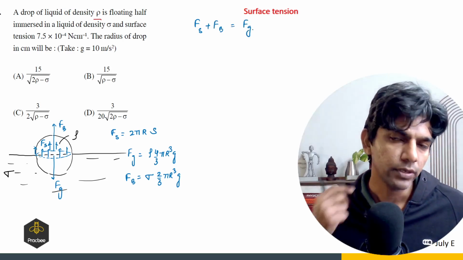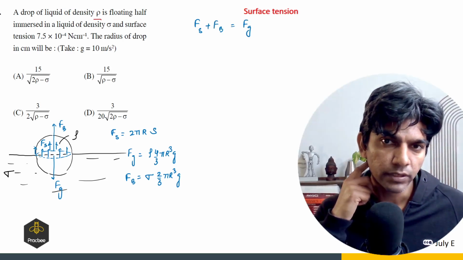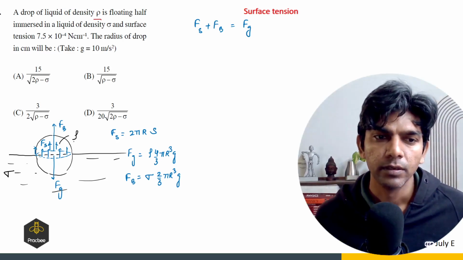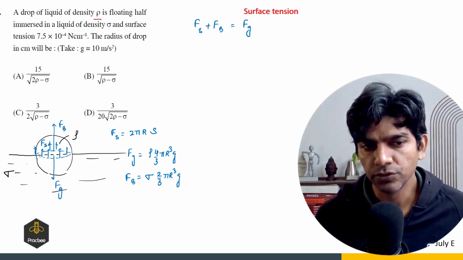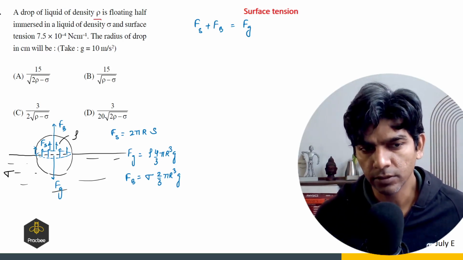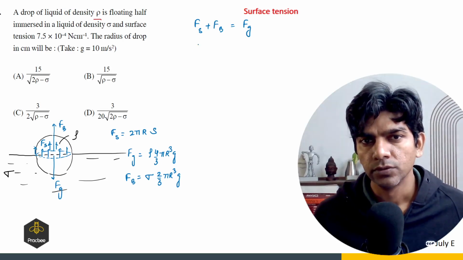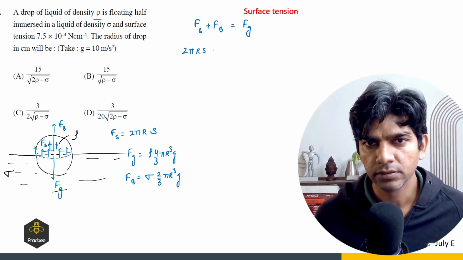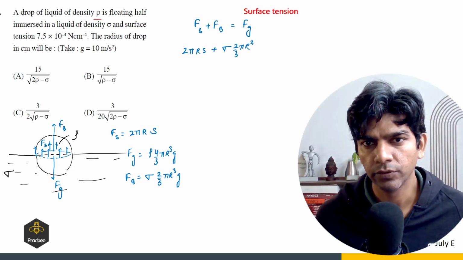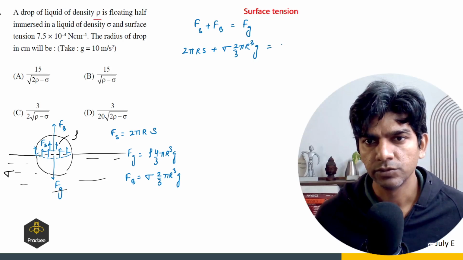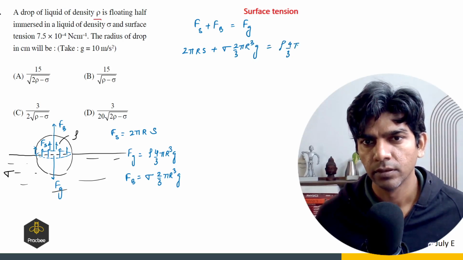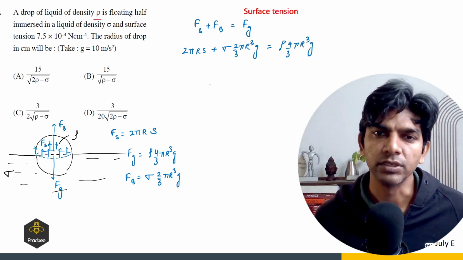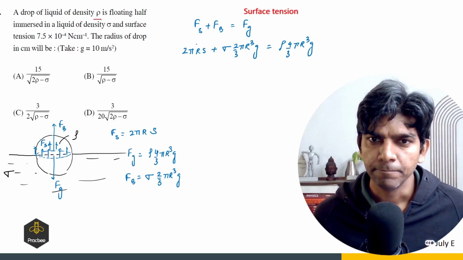So if surface tension is not given in the question, in such cases we can ignore the surface tension force and we can assume that the gravitational force is balancing the buoyant force. So it can be written as 2 pi r S plus sigma 2 by 3 pi r cube times g is equal to rho 4 by 3 pi r cube times g.